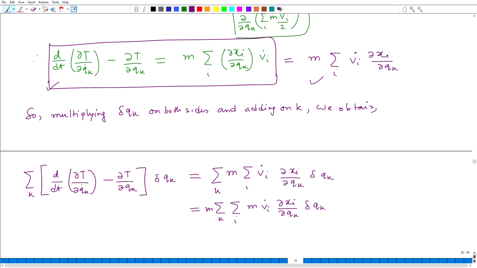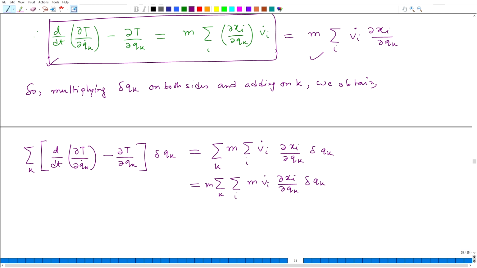If you remember, what is this? If I make a summation over k first, it will be simply m v̇_i, then summation over k ∂x_i/∂q_k δq_k. What is this?